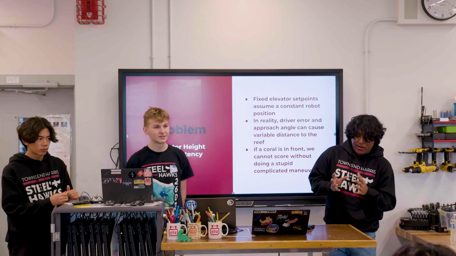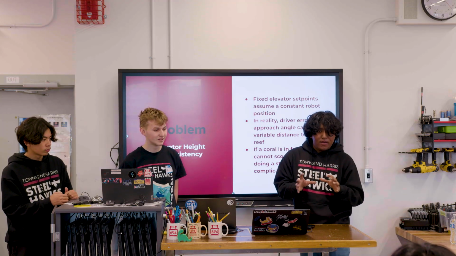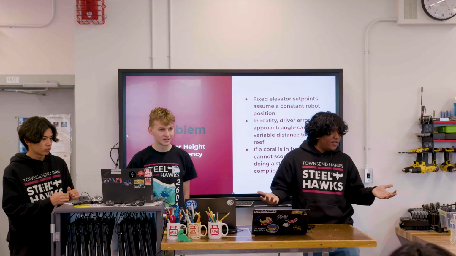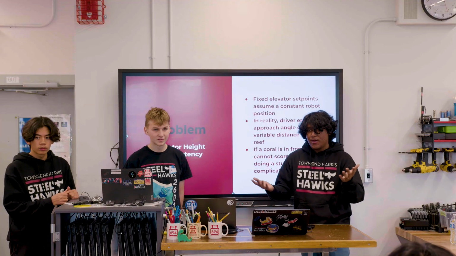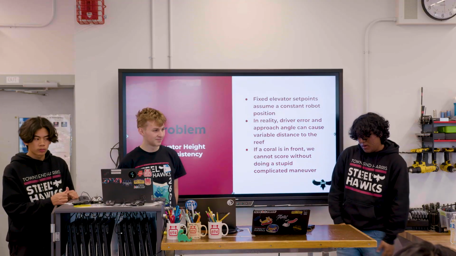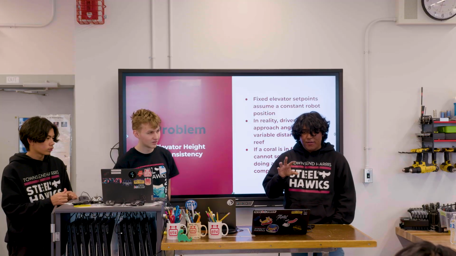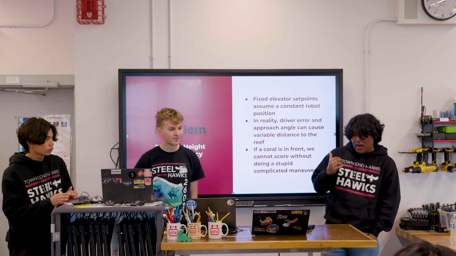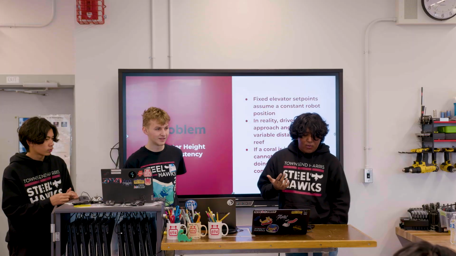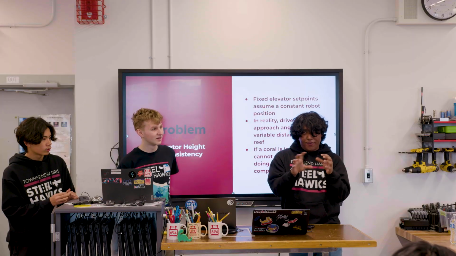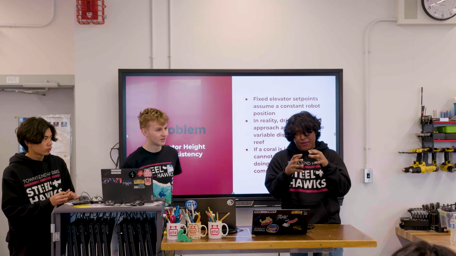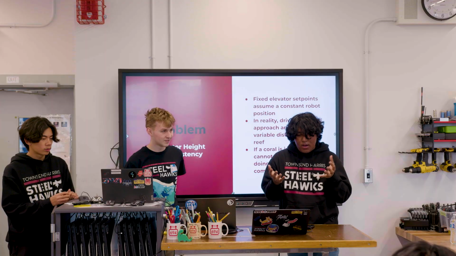We're going to go into something called elevator interpolation. How many of you know what interpolation is? Okay. We're going to go into a little bit of the math on the next slide, but basically, let's say you have a coral in front of the reef. You can't be flush to the reef, right?